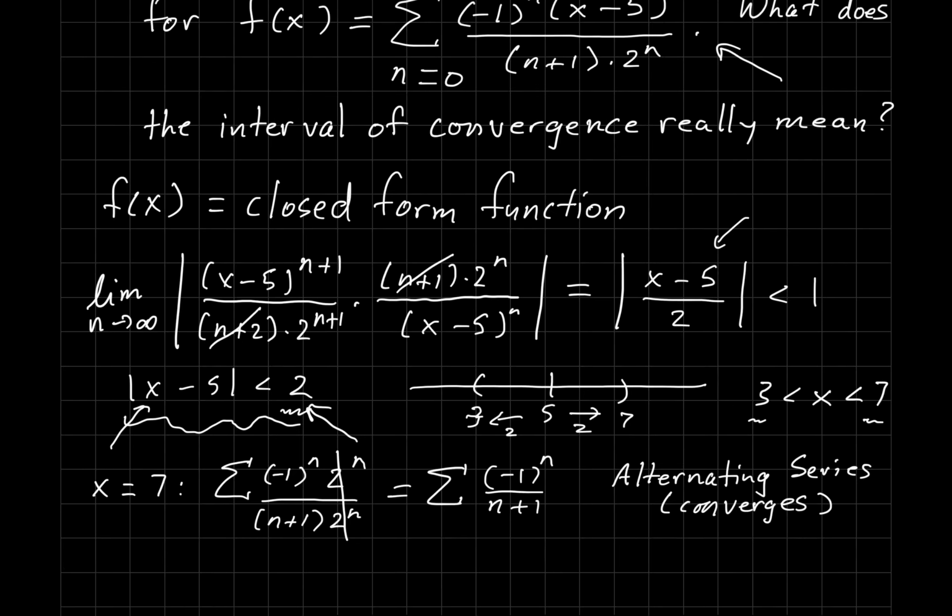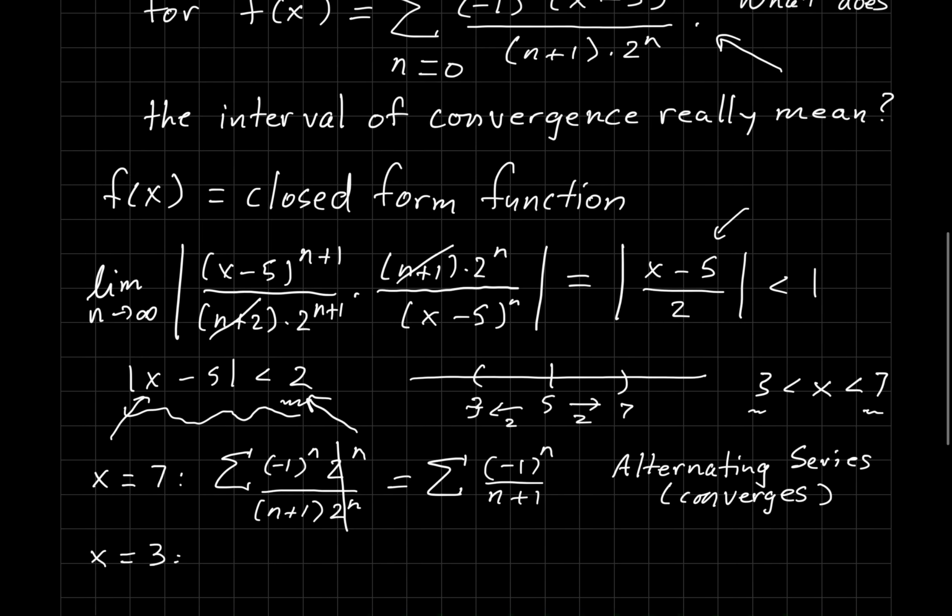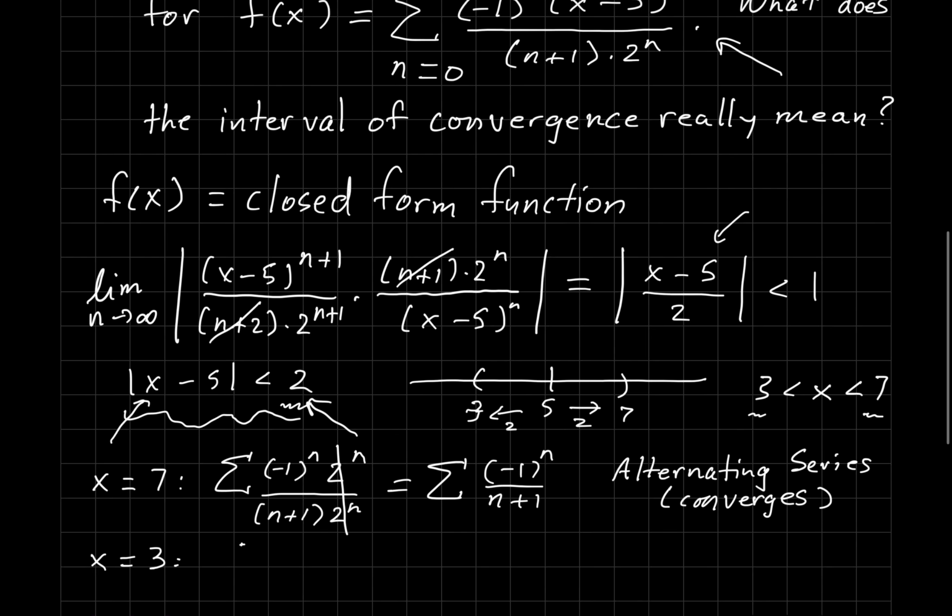How about at x equals 3? Once again, plugging in, we get (-1)^n. I still need that. And then I get 3 minus 5 to the n, which is (-2)^n, over (n plus 1) times 2^n.